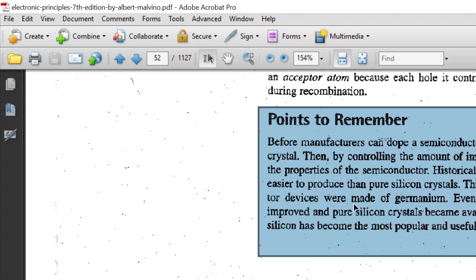This is why the earliest semiconductor devices were made of germanium. But eventually manufacturing techniques improved and pure silicon crystals became available, and silicon is also abundant in nature. On our earth, silicon is the second most abundant element. It is available on sandy beaches; sand is basically some form of silicon oxide. Because of that advantage, silicon became the most popular and useful semiconductor material.